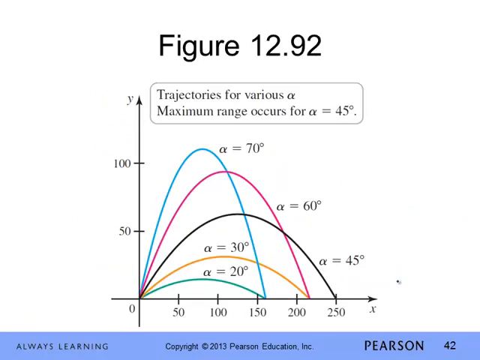But of course, you can evaluate it for all these other initial angles as well. And believe it or not, you get just as much range at alpha equal 20 degrees as you do for alpha equal 70 degrees, for the low angle and a high angle trajectory.